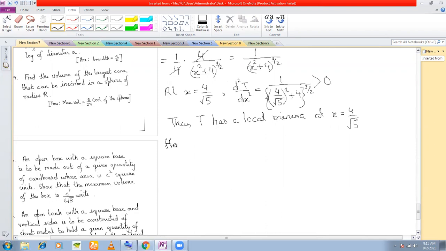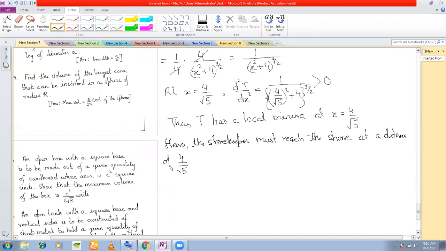Hence, the storekeeper must reach the shore at a distance of 4 by root 5.